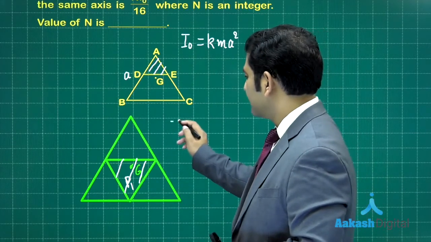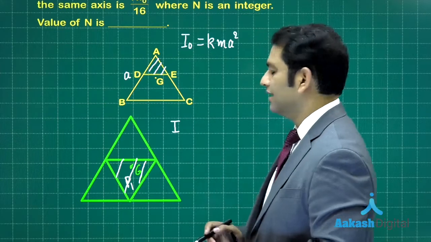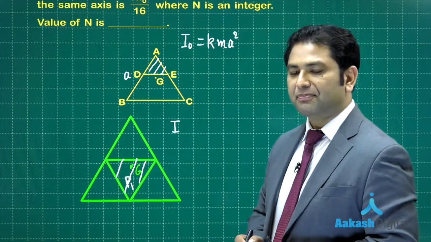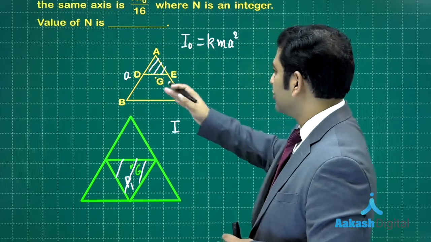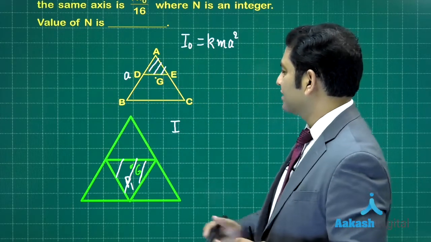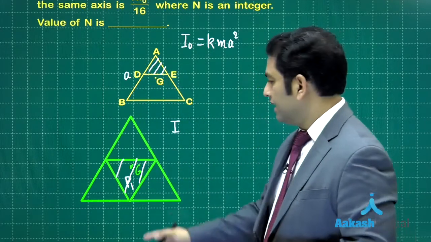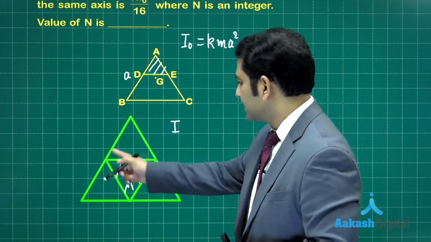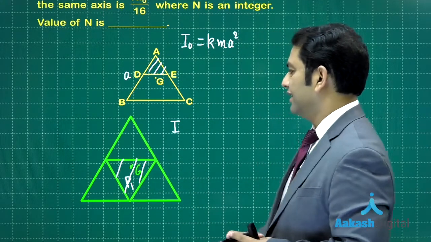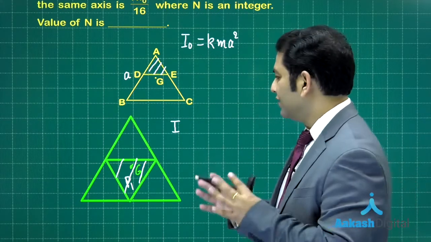What would be its moment of inertia about the same axis G if I represent it by I? Look, for any axis passing through the centroid, we have already said K M A square, where M is the mass of this big plate. Now this G is also the centroid of this given triangular plate, isn't it? That's how it comes. So how can we deal further?